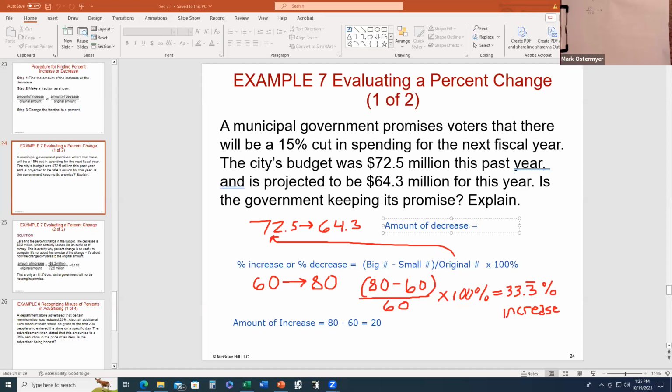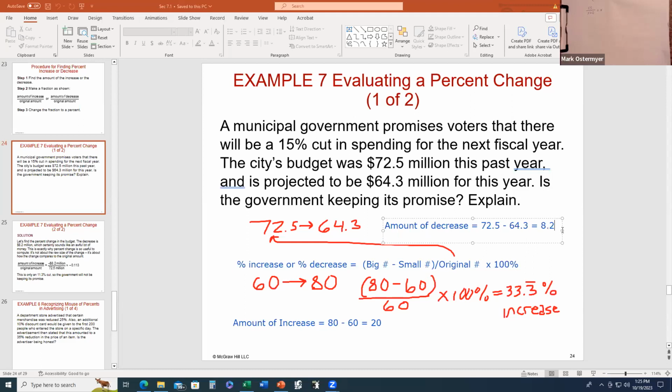The amount of decrease is going to be 72.5 minus what? 64.3. That's the amount of decrease. Which is going to be equal to what? 8.2. That's the amount of decrease.